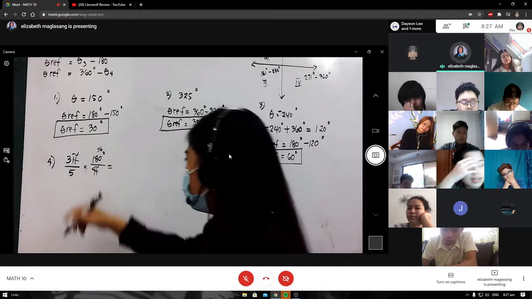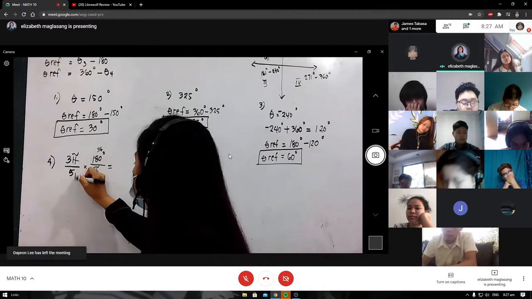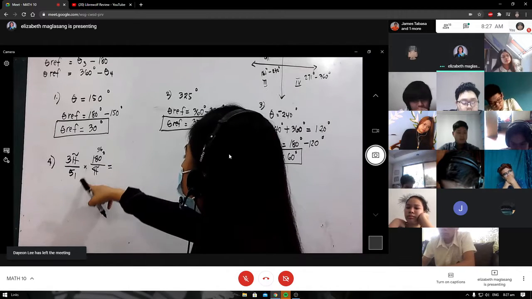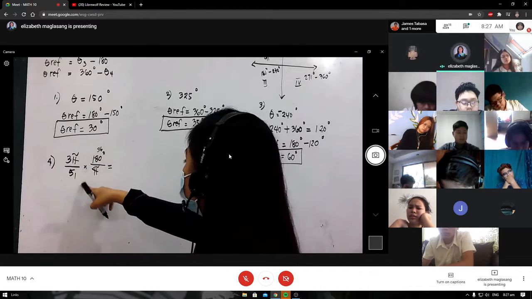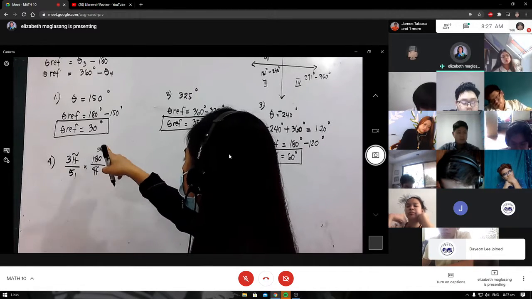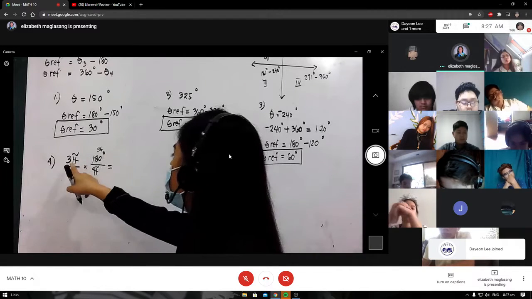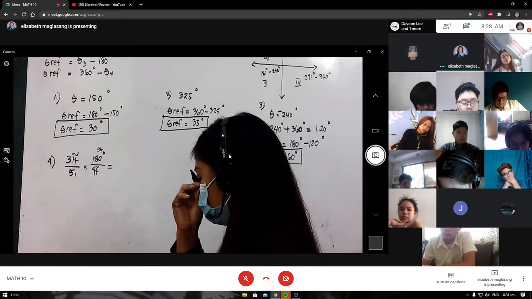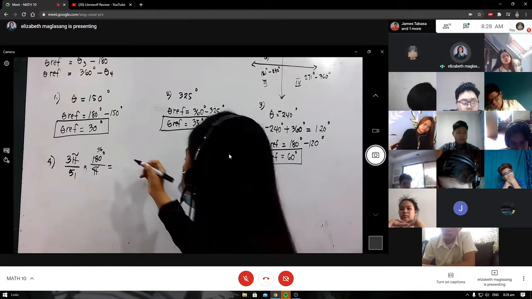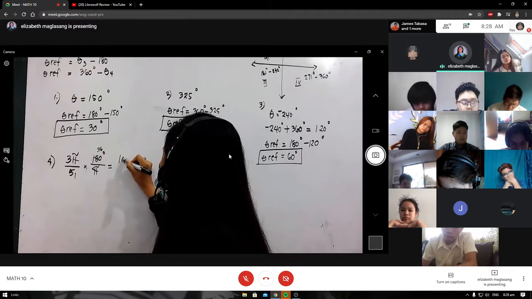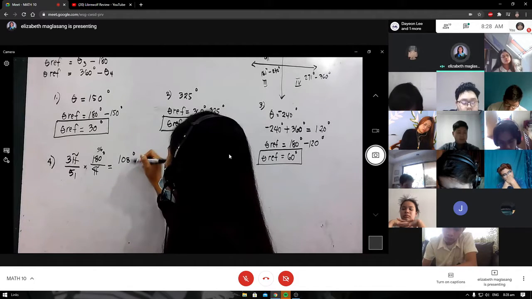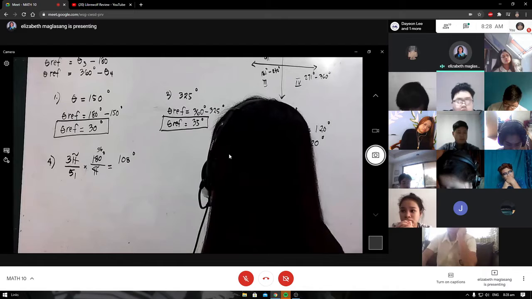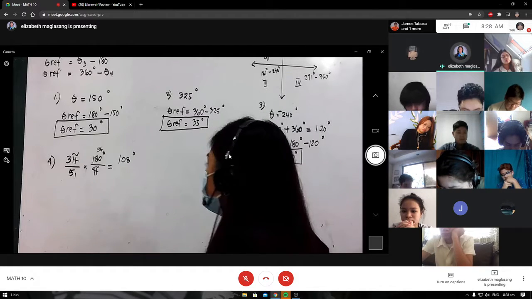So 5 divided by 5 is 1, and 180 divided by 5 is 36. So 3 times 36 is 108. So 108 degrees. The pi cancels, and that's the time that you can get the reference angle.